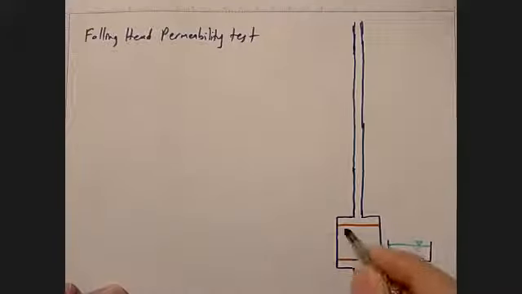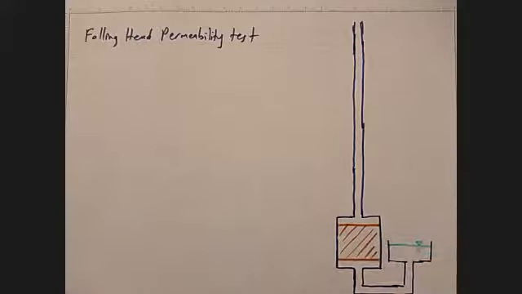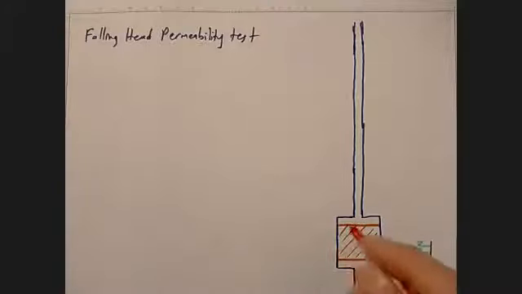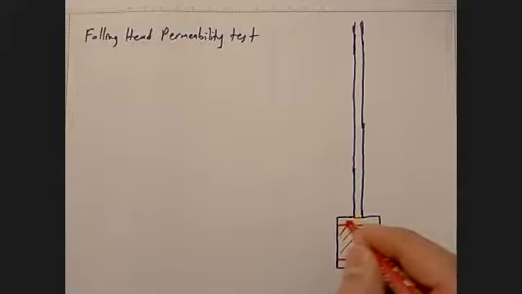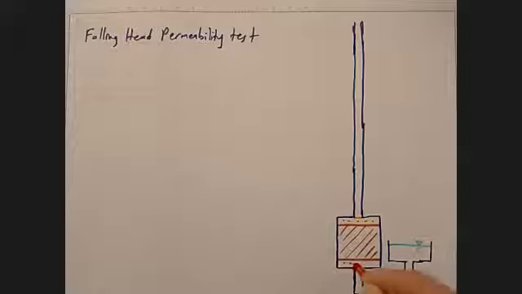This time, because you have a very low hydraulic conductivity, the head lost in the porous stones won't matter. They are still there, but this time you don't really need standpipes on the side. So again, you have porous stones here, and you have very low hydraulic conductivity here.